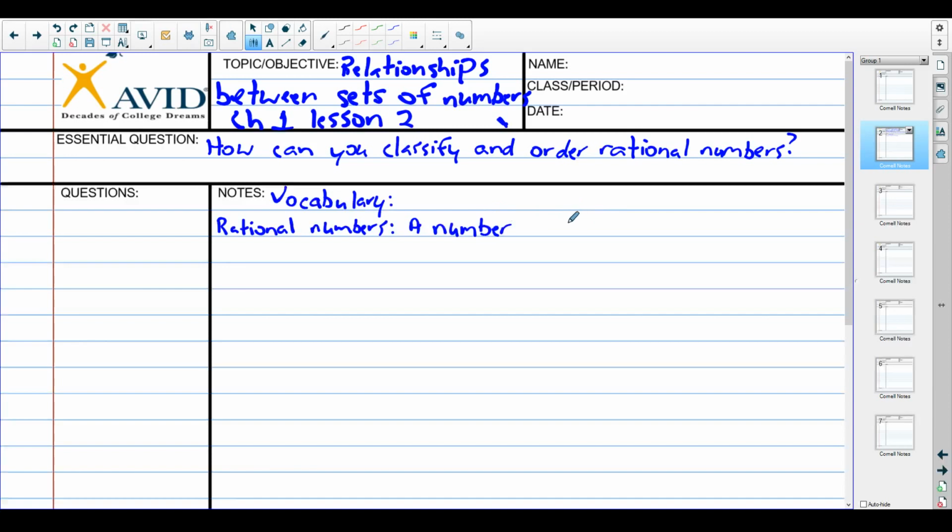A number that, I'll take Miss Geyer's words because she's the pre-AP teacher, so she's the smartest, can be expressed as a fraction.